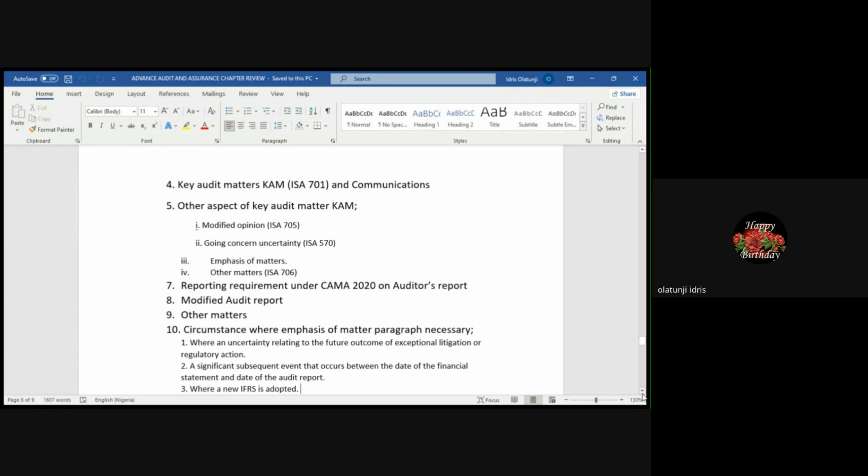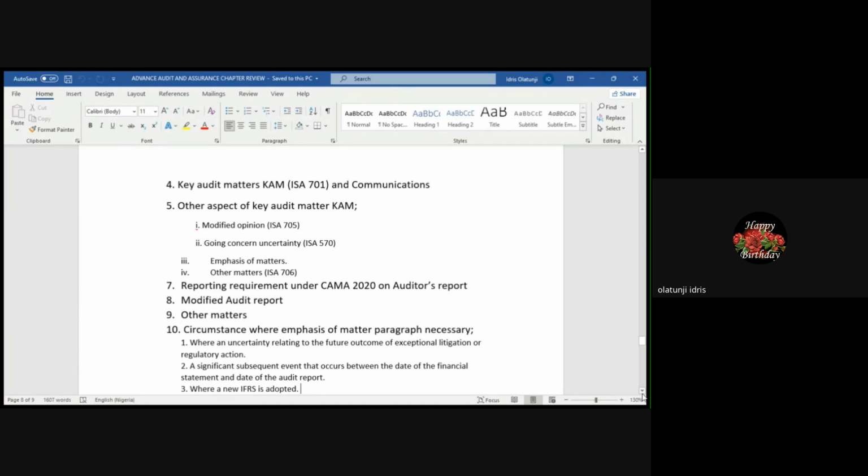These are the examples of key audit matter. You can see that they did not relate to financial figures. They did not relate word to word, figure to figure in the financial statement, but they have significant effect on the financial statement of that particular organization. If care is not taken, it will run down the organization. So if there's any transaction like that, it should be reported as key audit matter according to ISA 701.